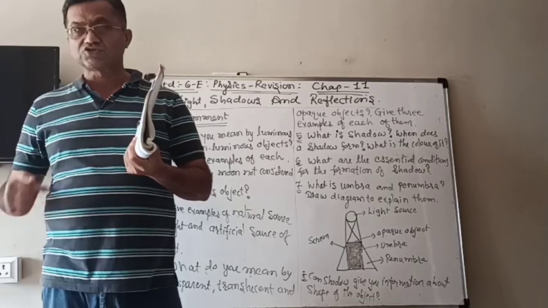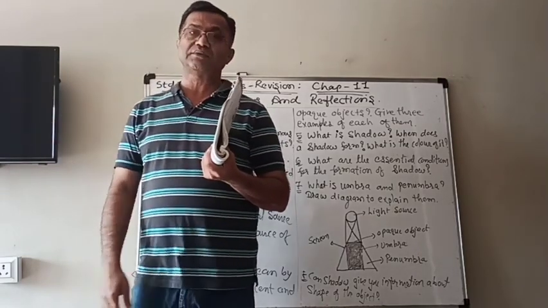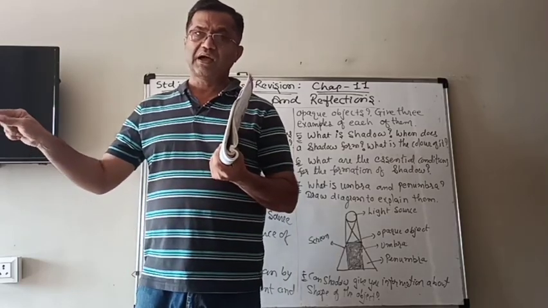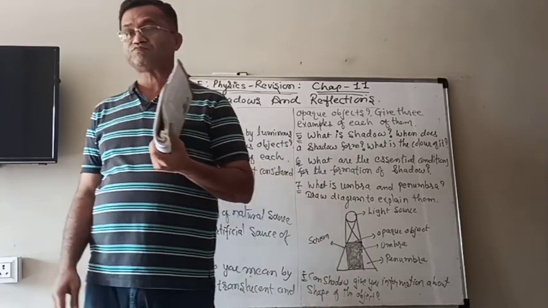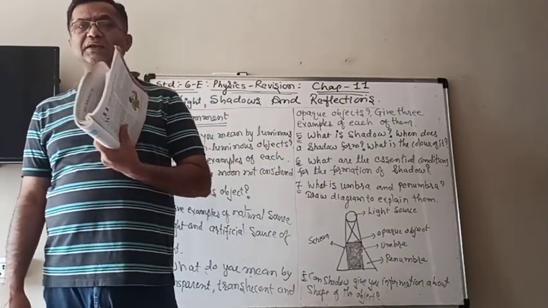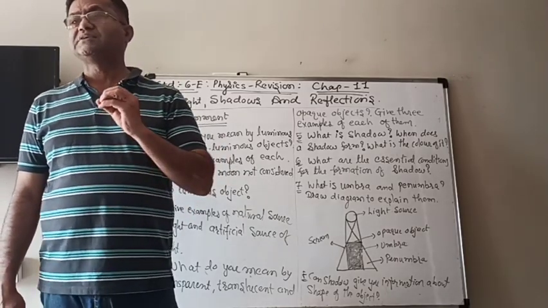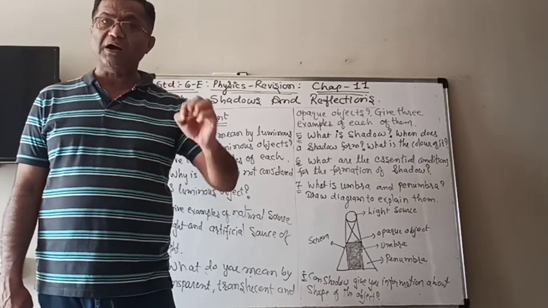Why? Because the light cannot pass through it, so it will be dark. So those dark patches are the shadow of that opaque object. So when an opaque object comes in the way of the sunlight, it forms a shadow.